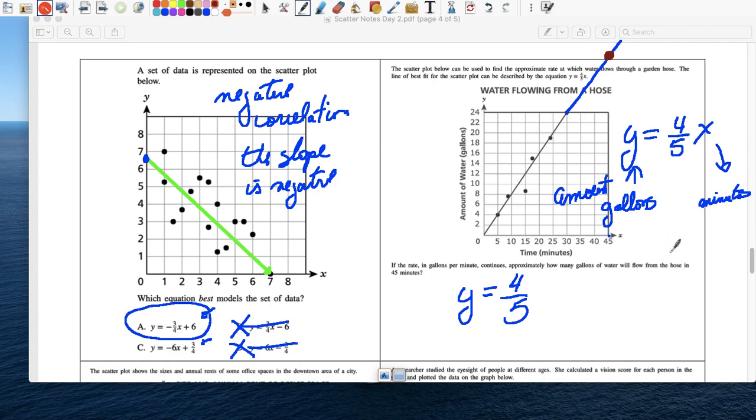We can predict it to be about there, but because we don't have the graph, we can use our equation. We multiply by 45 to find our y value. I know this point is 45 comma something, and that something, our y value, is what I'm trying to find. So y equals 4/5 times 45. Let's simplify that: y equals 36. So in 45 minutes, you will have used 36 gallons.